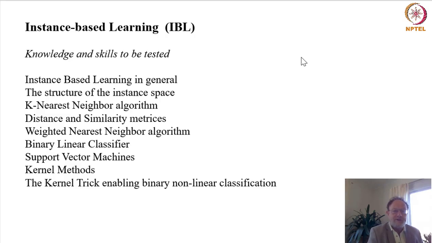And finally, we discussed the situation where we could use smart mappings from a two-dimensional space to a higher dimensional space, typically maybe three, which could enable the use of support vector machines also for nonlinear cases.